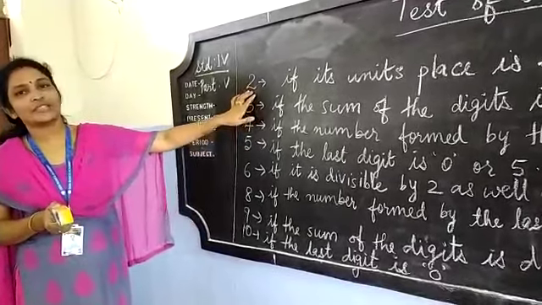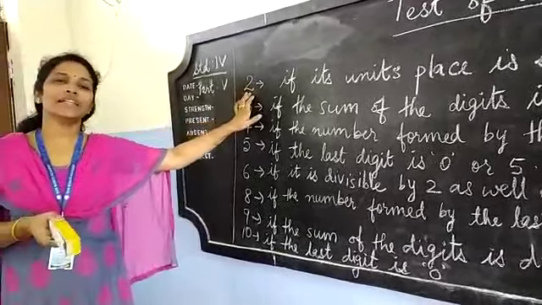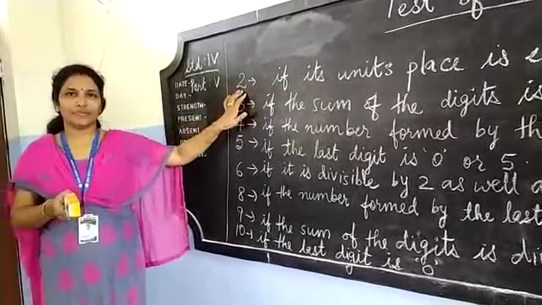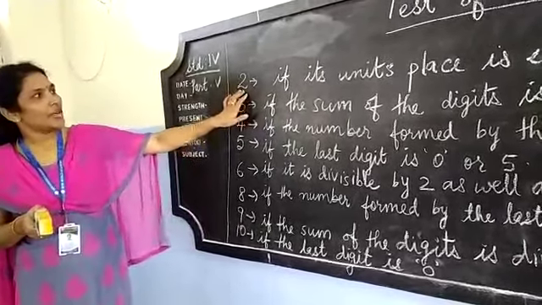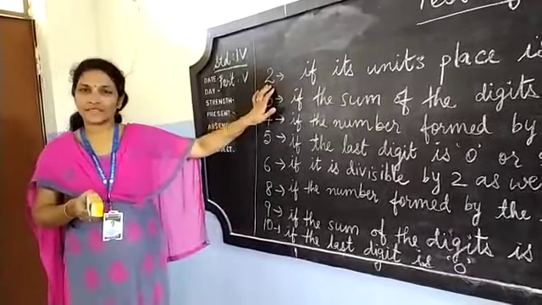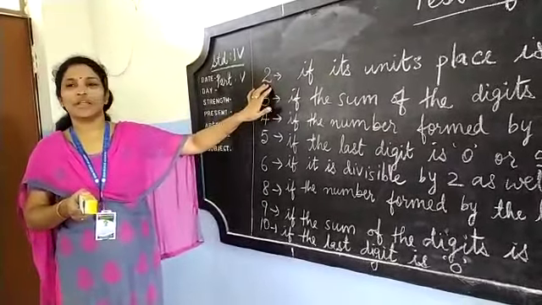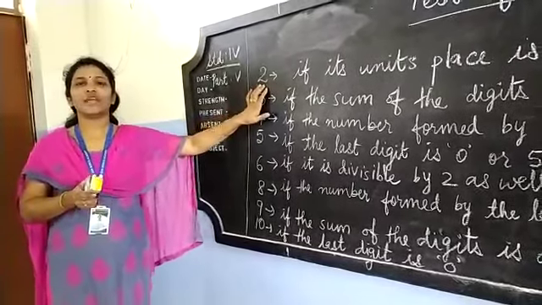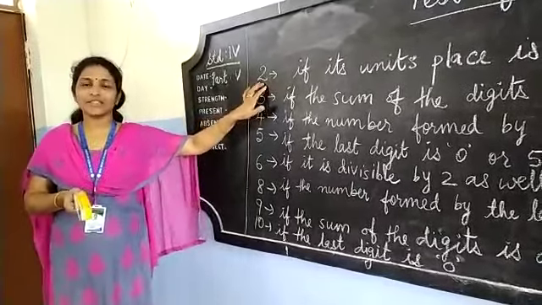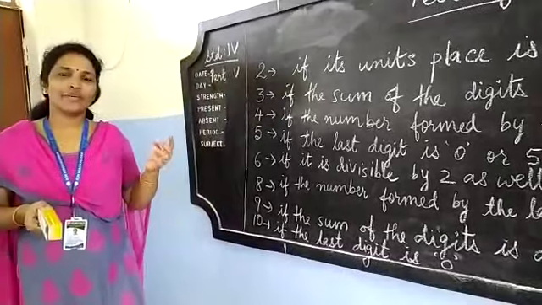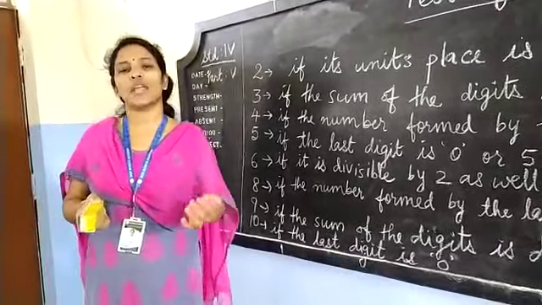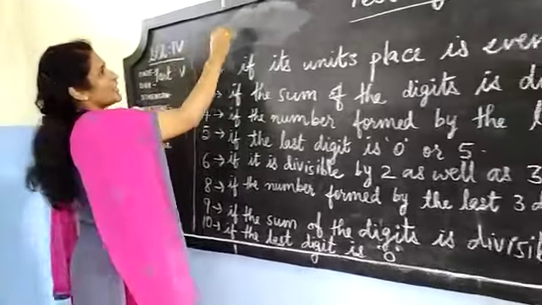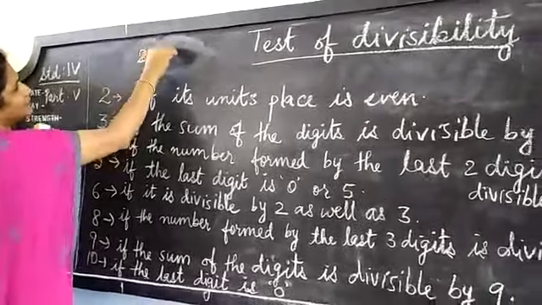We have to just see whether the number in its units place is an even number. If the number in its units place is even, that number is divisible by 2. Or if the number in its units place is 0, 2, 4, 6 or 8, that number is divisible by 2.